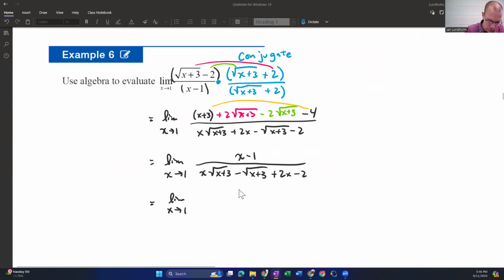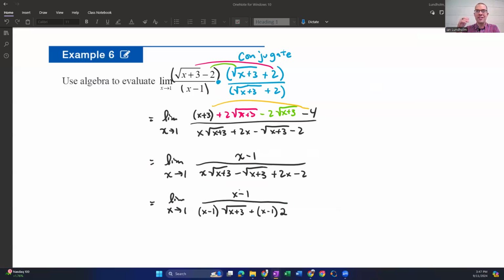So I can do on the bottom x minus 1 times the square root. That's using the distributive property on the first 2 terms. And then I can use the distributive property on those last 2 terms. And again, I can pull out an x minus 1, and what would be left over is a 2.